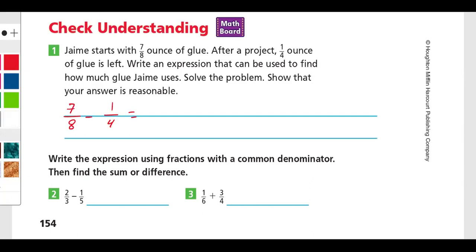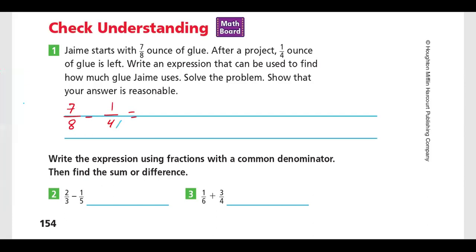If I multiply 4 by 2, up and down, it will be 8. So now the first fraction is 7 over 8, minus 1 times 2 is 2, 4 times 2 is 8, so it is the same denominator.